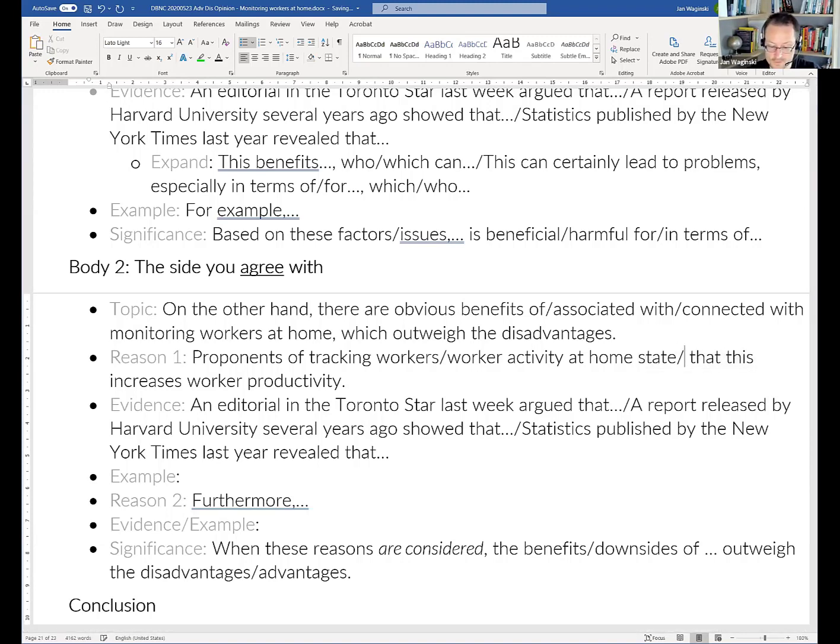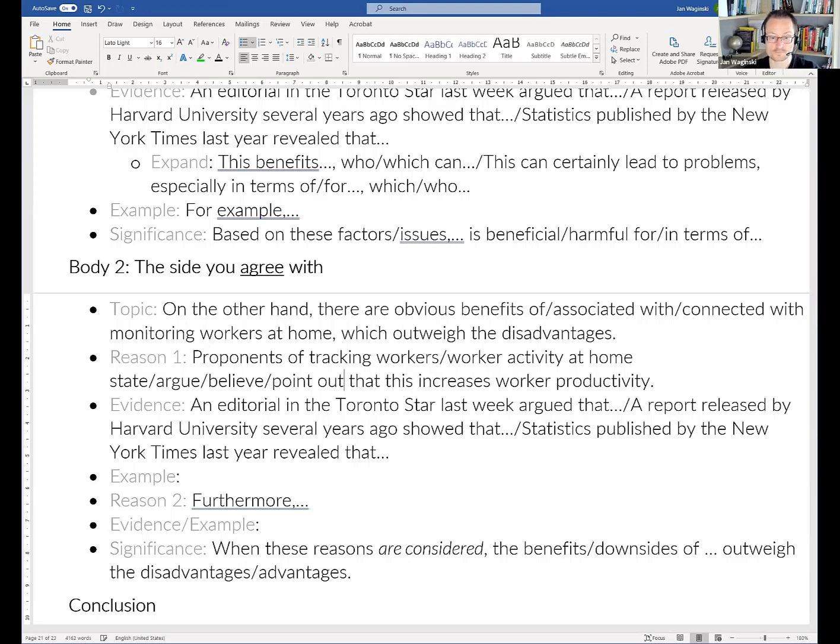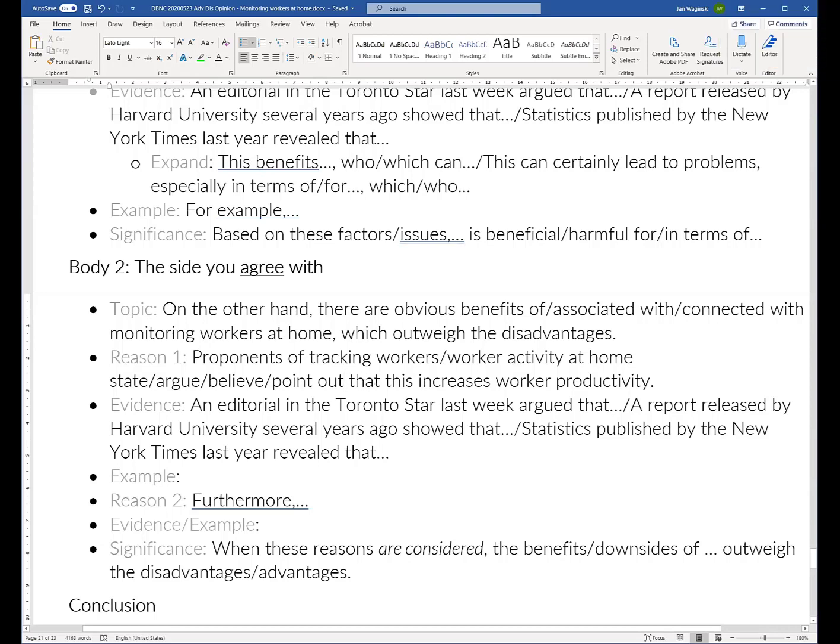You need one of those words. Point out. Is that okay? Yes. Okay.